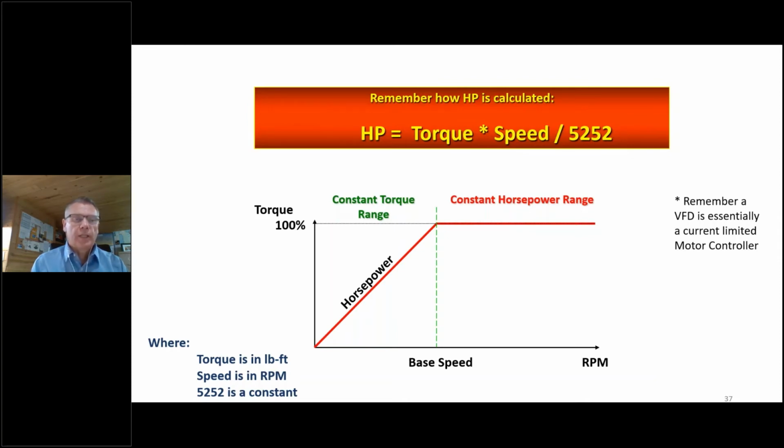You won't really get more power out of that motor by increasing the speed. You can get more flow to a certain degree, but if there's a lot of back pressure, you won't. So the general rule of thumb is you can probably overspeed a motor by 10% with no detrimental fallback.